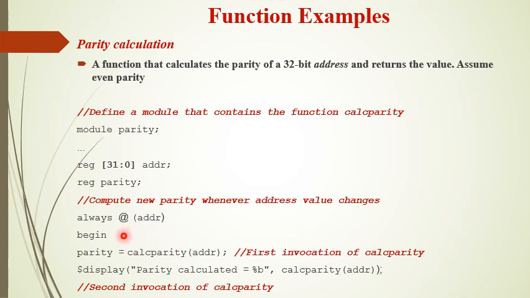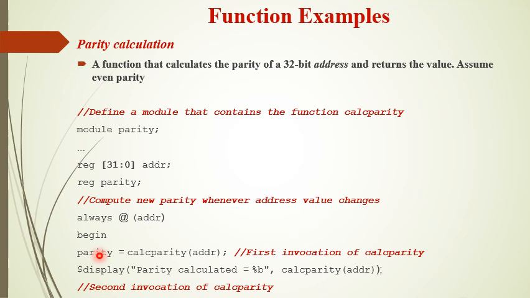Calc parity is the name of the function, and the argument that you need to pass to the function is address. And to the left hand side I have used parity. This is a single bit register. So the function will always be returning either a 0 or a 1, as I have told earlier.